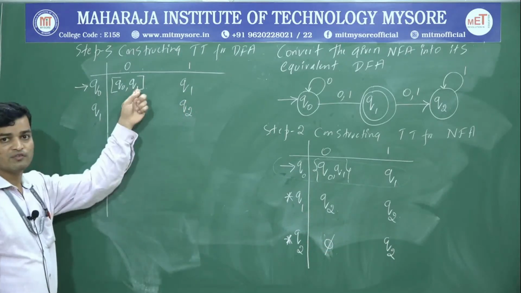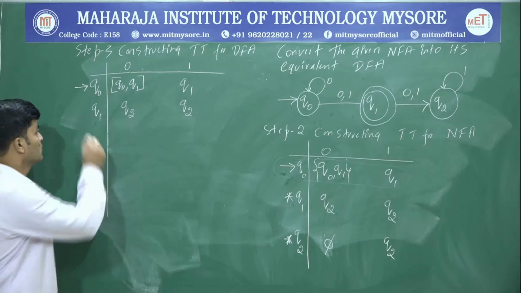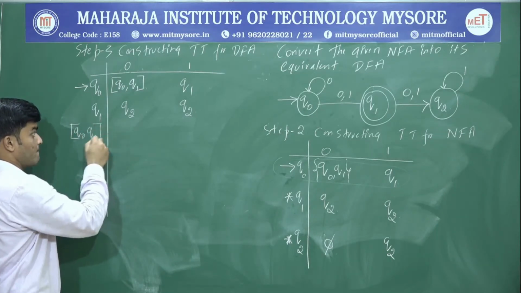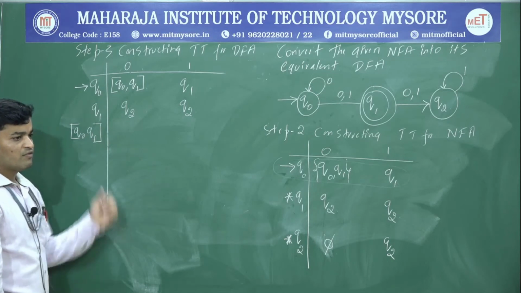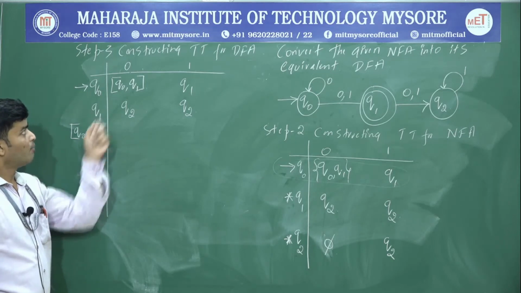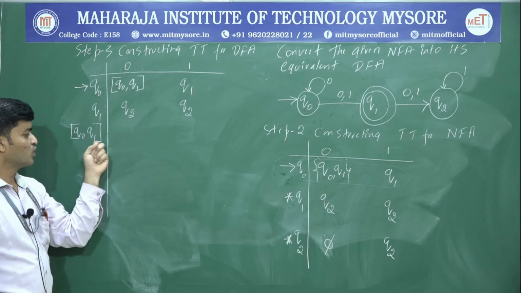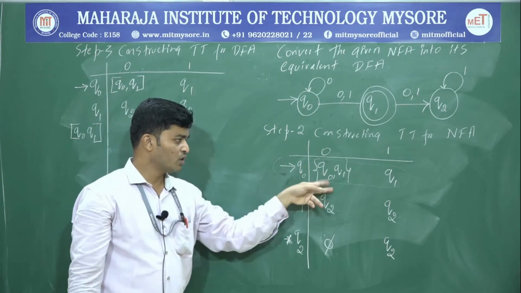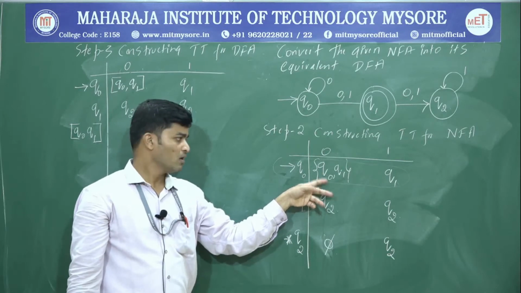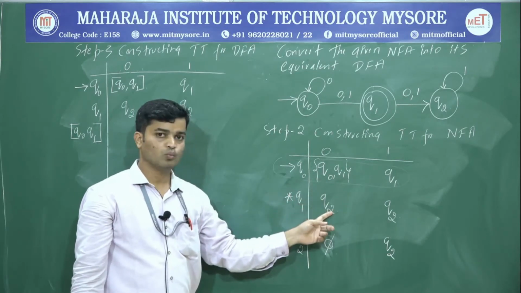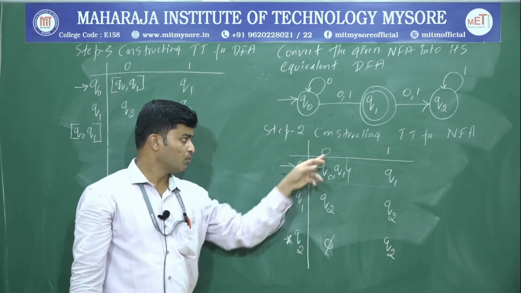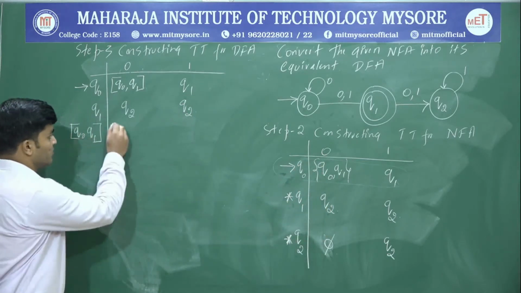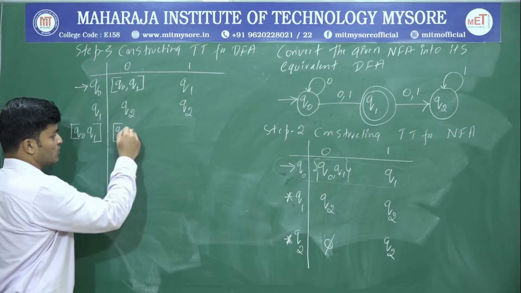Now you can go with Q0 Q1. What is Q0 Q1 upon 0? Take the union of these 2, and you will get Q0 Q1 Q2.